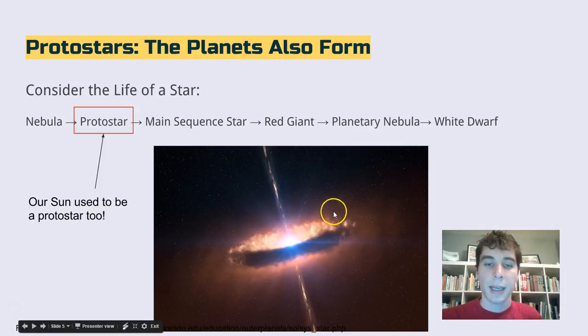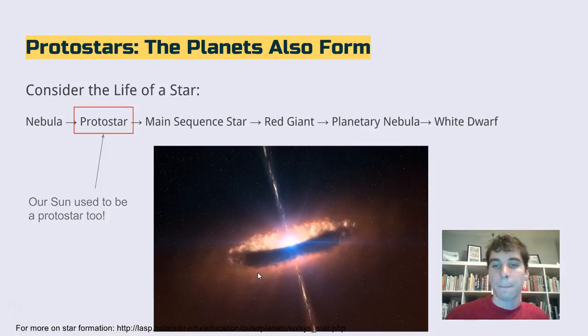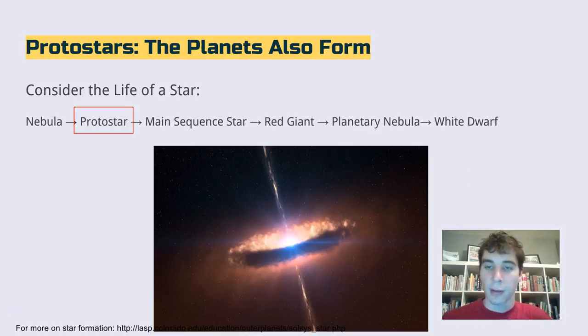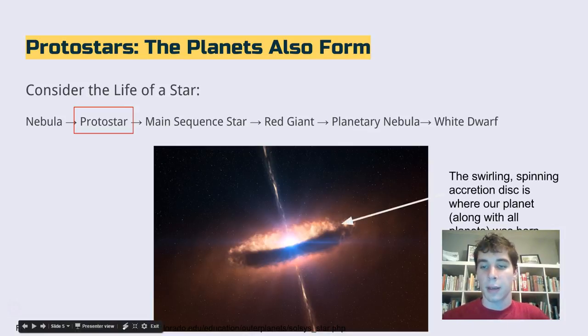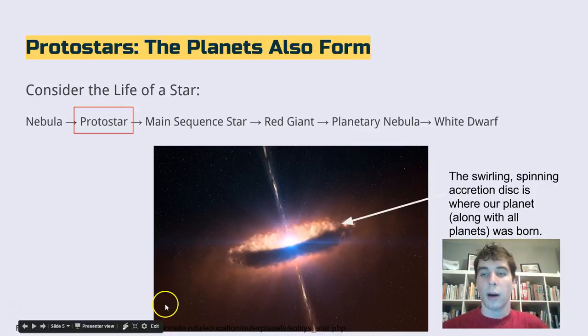However, this big disk that's swirling about is still filled up with all sorts of pieces of dust and gases and different things. And it turns out that this is where all of our planets are born.